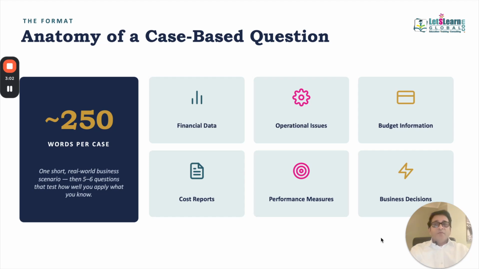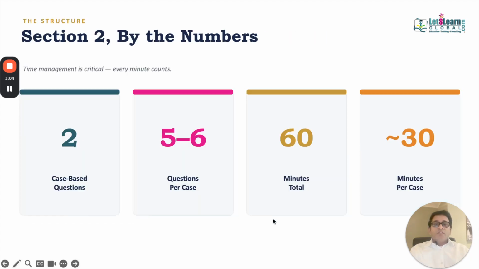So what are the different types of questions that are going to be given in the exam? A very important point is the number of case-based questions will remain the same, 2, like essay questions in the previous exams. Each CBQ will have around 5 to 6 questions, maybe 7, depending upon the weightage of the question.